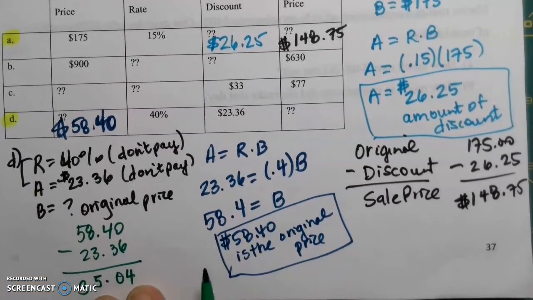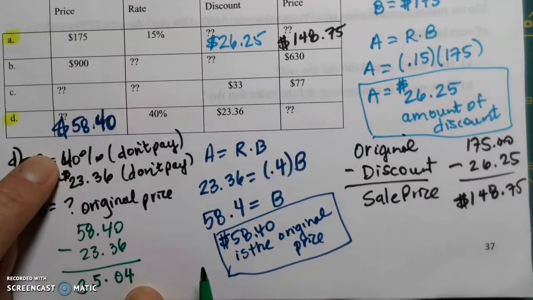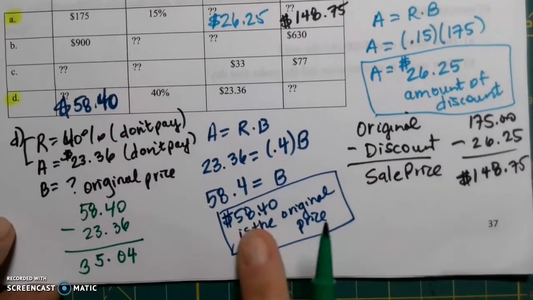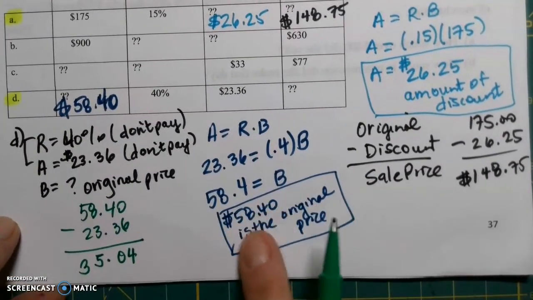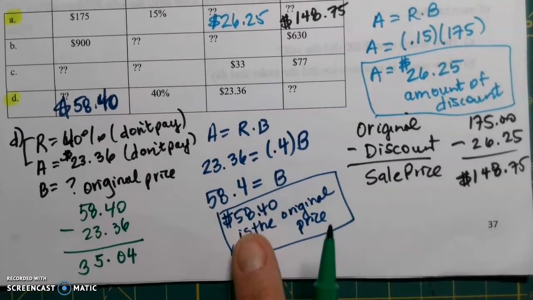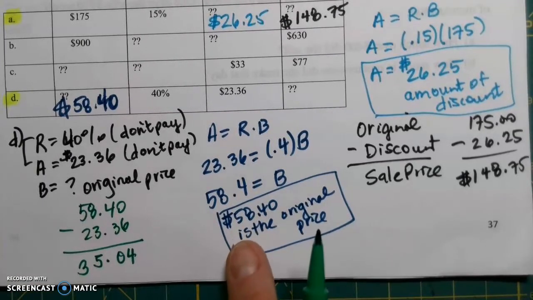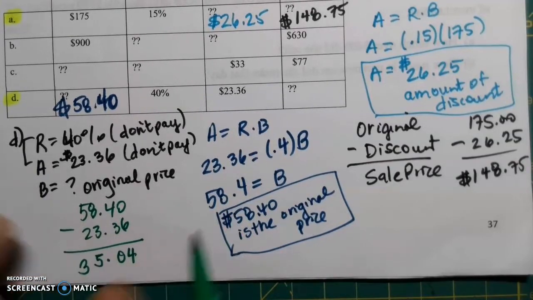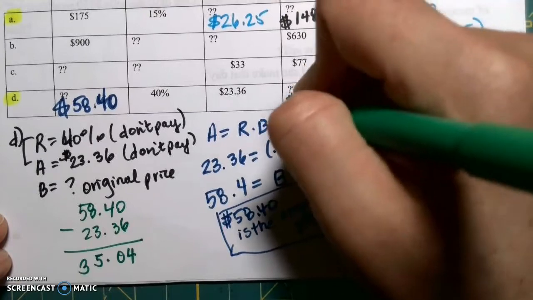And that's $35.04. So since we don't pay 40%, then we should pay a little bit more than half of our original price. So the original price is 58. So half of that is about 30. So we pay a little bit more than half of that. And so that does make sense as a sale price.